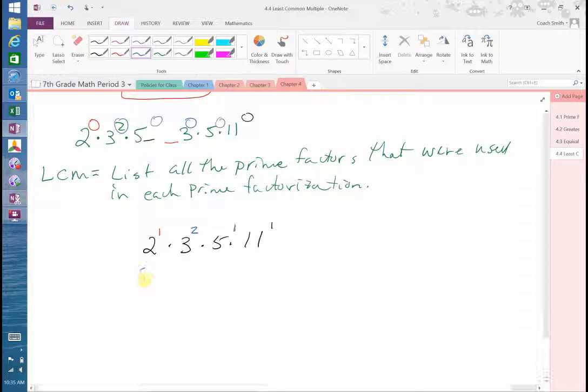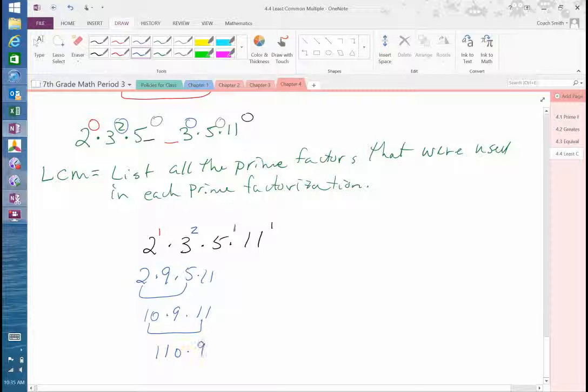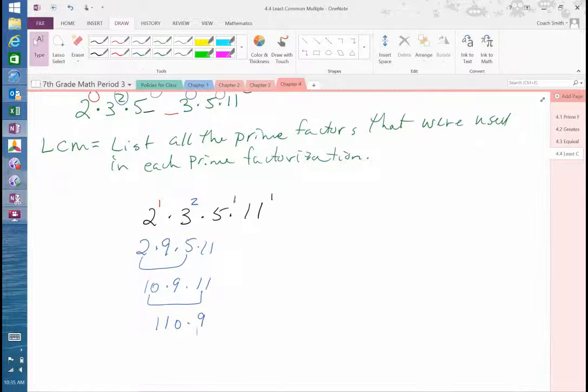So I have 2 times 9 times 5 times 11. I'm going to go 2 times 5, which is 10, times 9 times 11. I'm going to go 10 times 11, which is 110, times 9. 110 times 9 is 990.